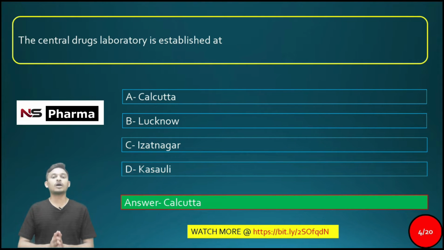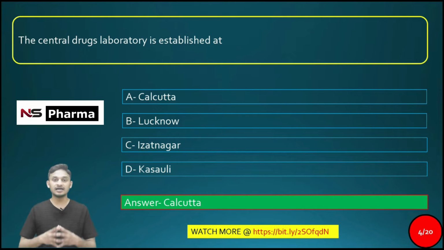One more point we have to study in this question is the government opium factory. This is also an important question you can expect in exams. The government opium factory is situated at Ghazipur in Uttar Pradesh, which is the oldest government opium factory.